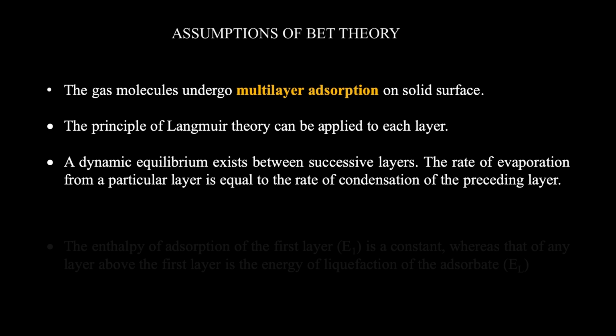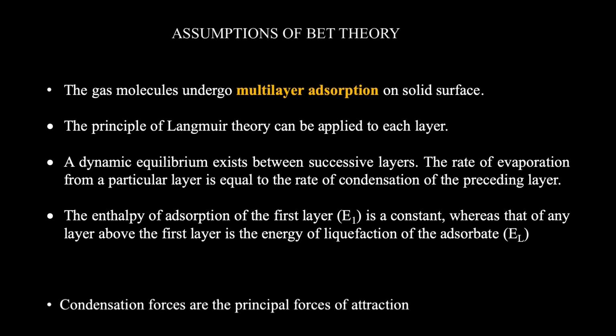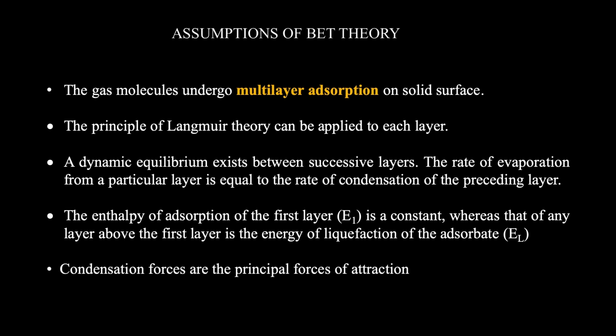At equilibrium, the rate of evaporation from a particular layer is equal to the rate of condensation of the preceding layer. The enthalpy of adsorption of the first layer, that is E1, is a constant, whereas that of any layer above the first layer is the energy of liquefaction of the adsorbate, which represents EL. Next assumption is that condensation forces are the principal forces of attraction.